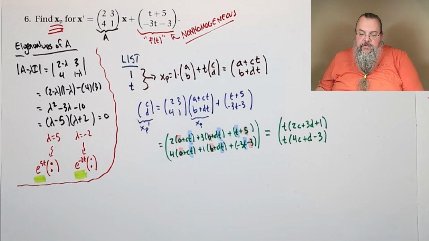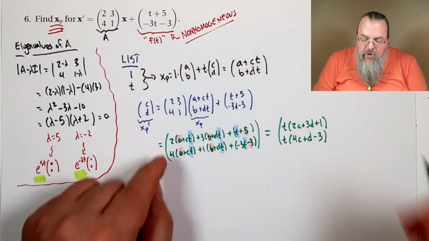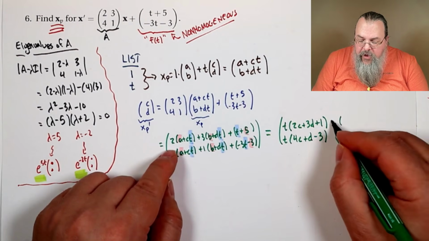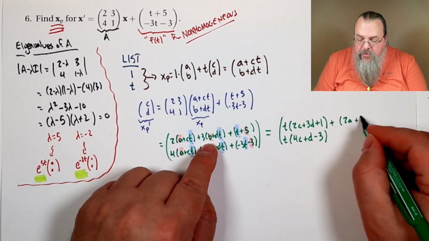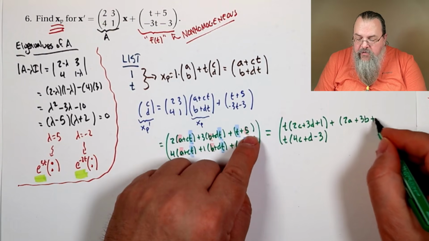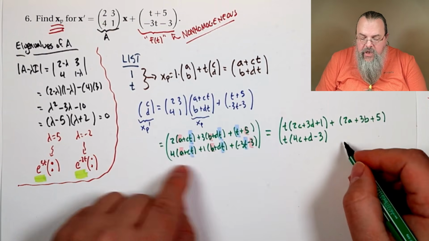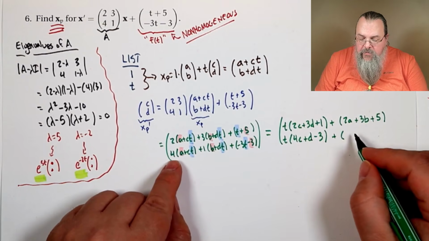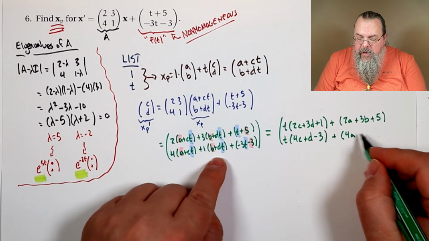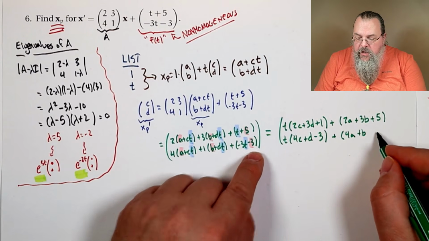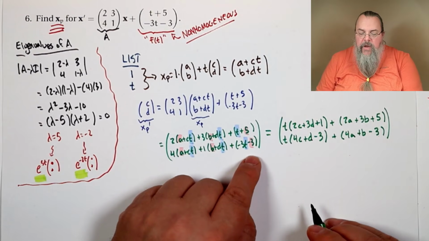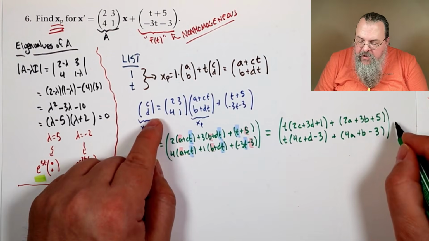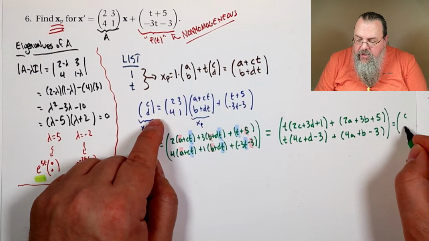So our constant terms look like 2a plus 3b plus 5, and 4a plus b minus 3. And remember, all of this has to equal cd.